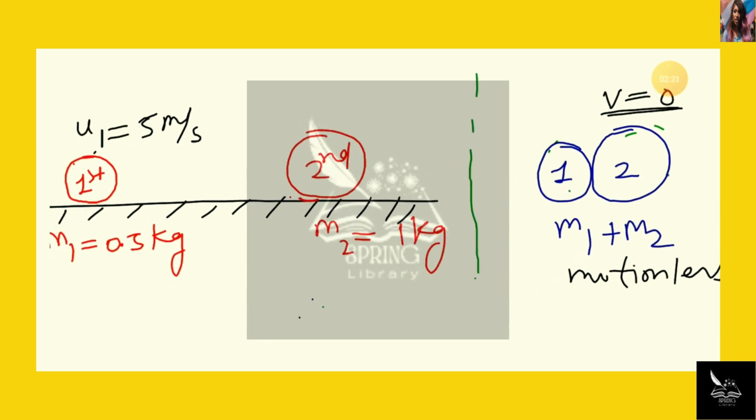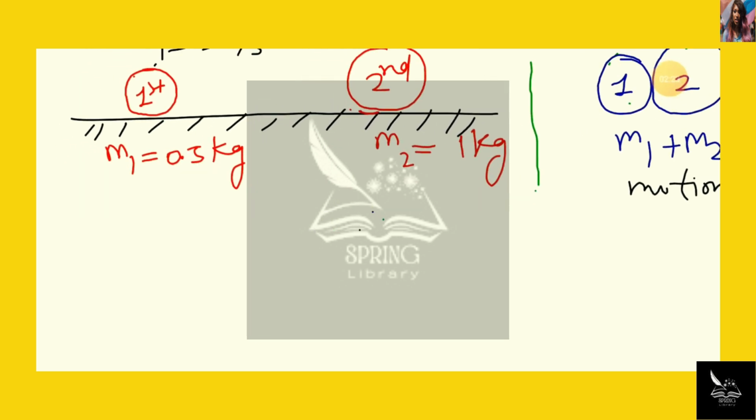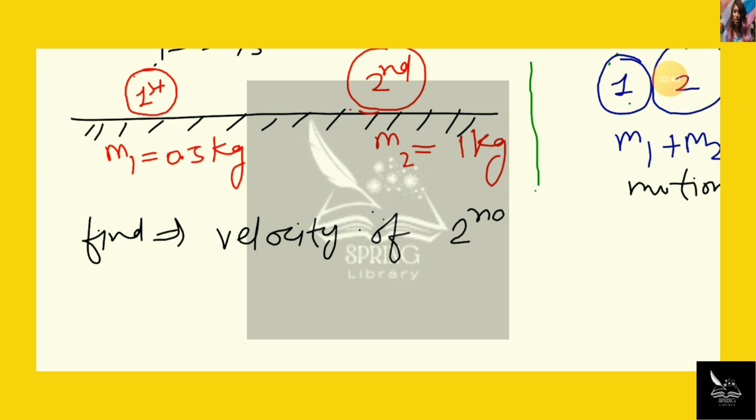Now the question is asking us to find the velocity of the 1 kg block, that means the second ball, before collision.